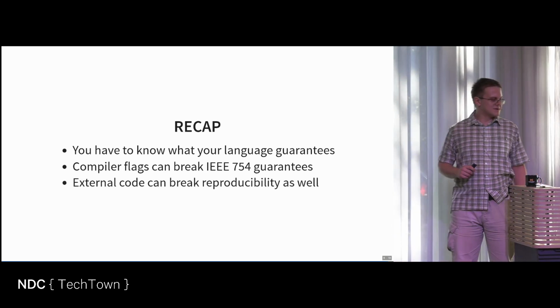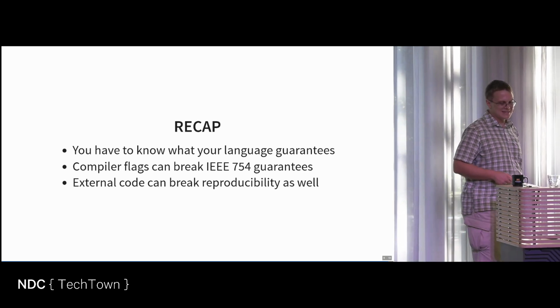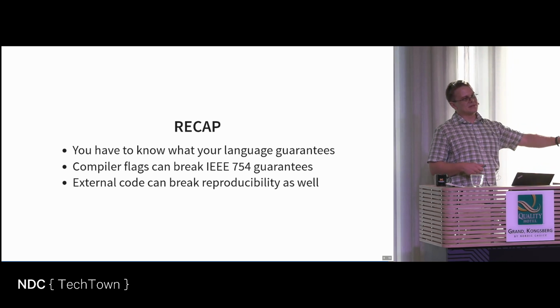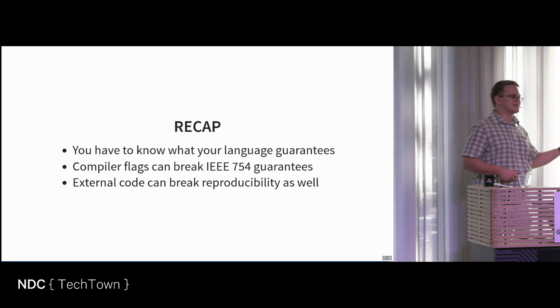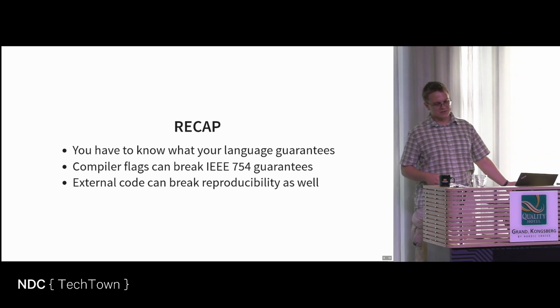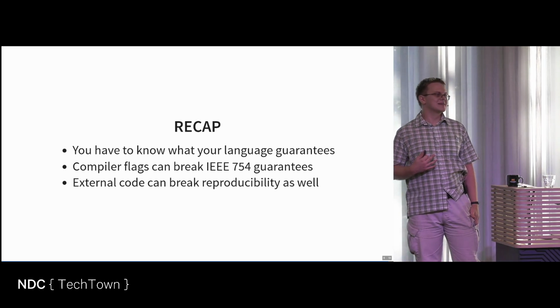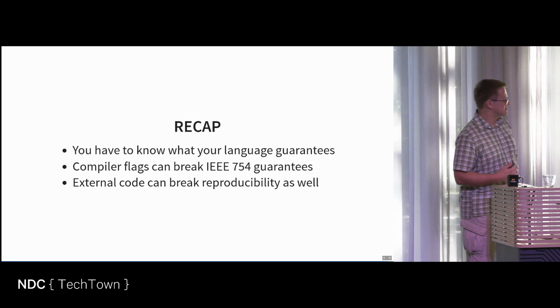And of course, external code can break reproducibility as well. So if you have external dependencies, you ideally need to either audit them, or you need to defensively reset the FPU state every time you are back in your own code. So basically, if you actually want reproducibility, it's a lot of work. But it's useful to have it.